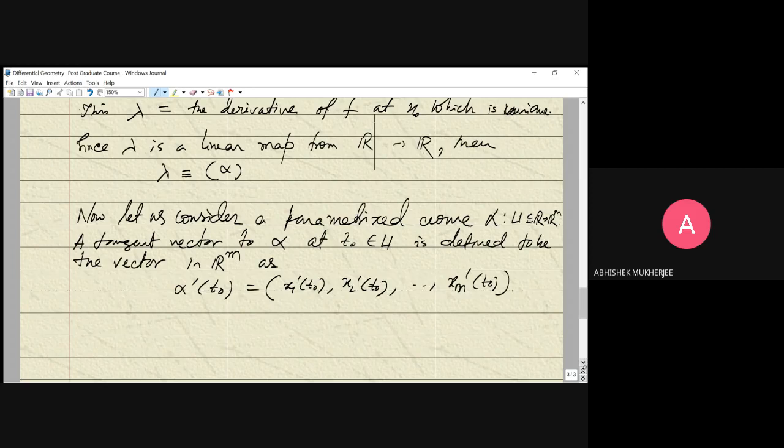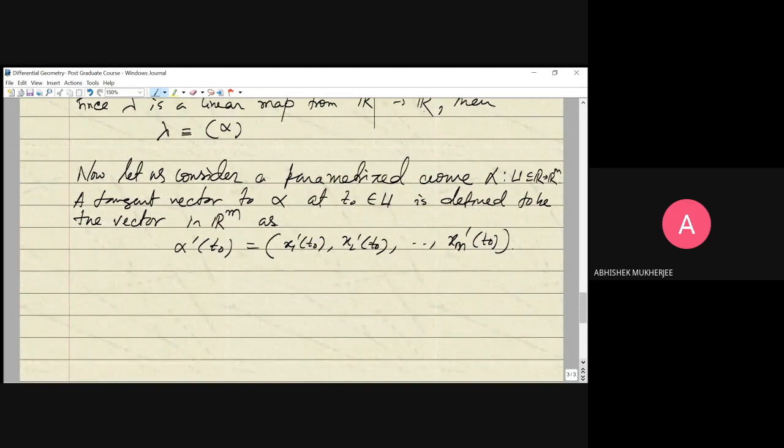Okay, that means the vector alpha dash t naught. Okay, this one.